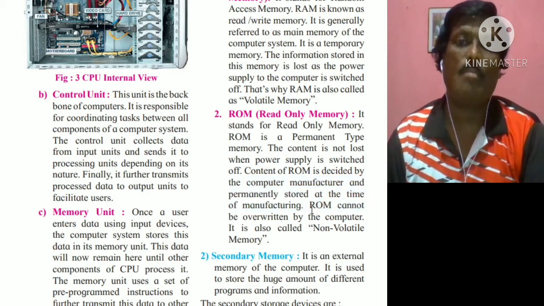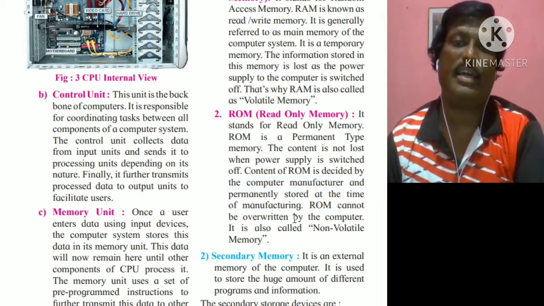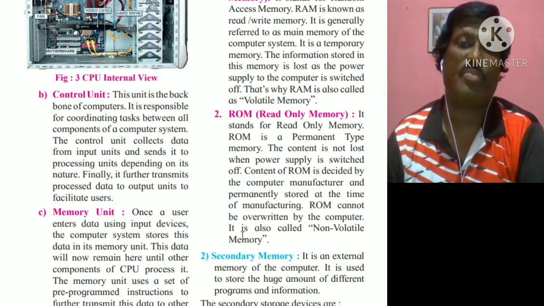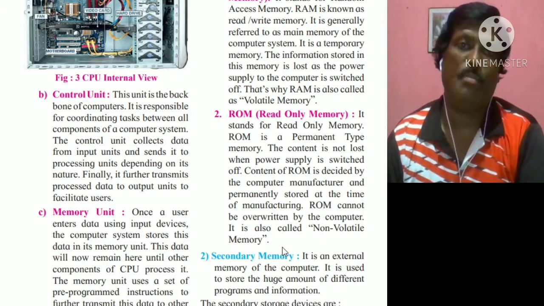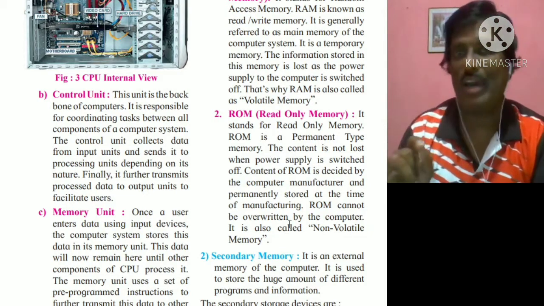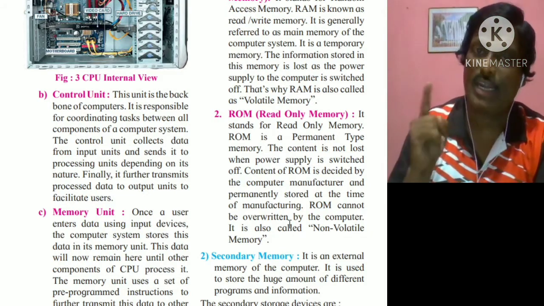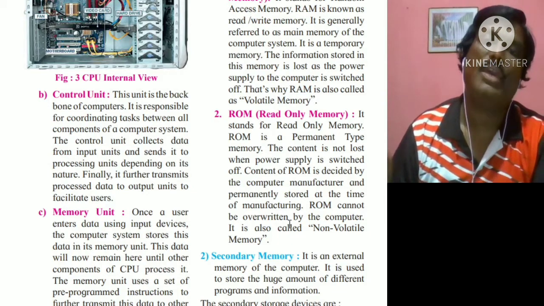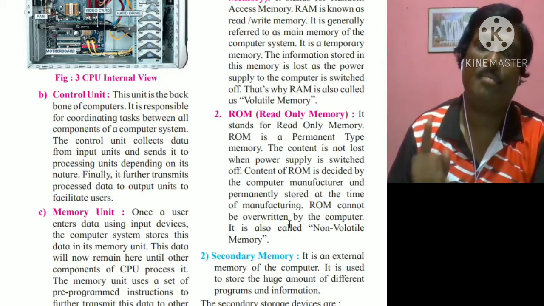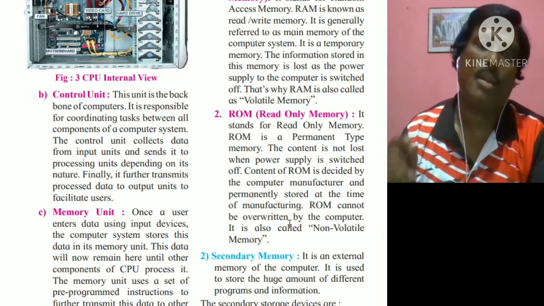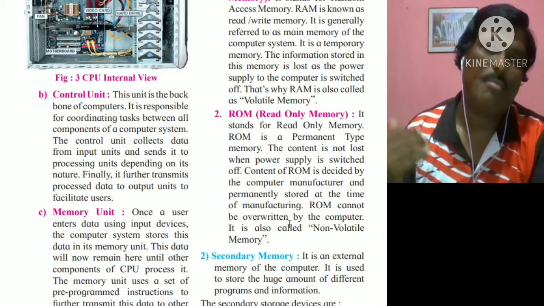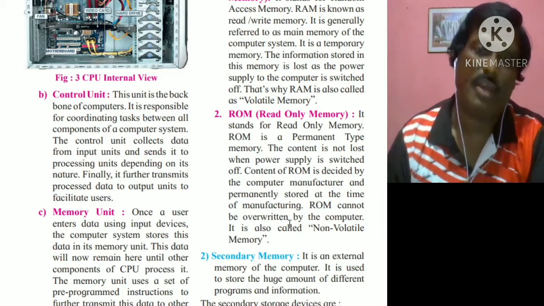Okay. ROM cannot be overwritten by the computer. It is called non-volatile memory. Now remember, RAM is volatile memory and ROM is non-volatile memory. ROM is permanent memory, and RAM is temporary memory.